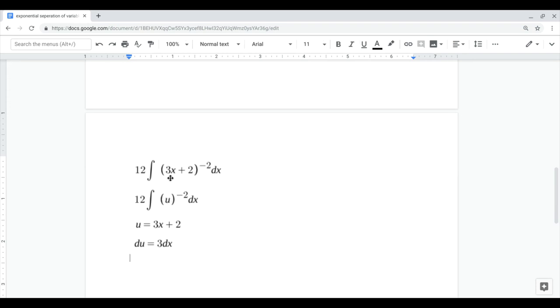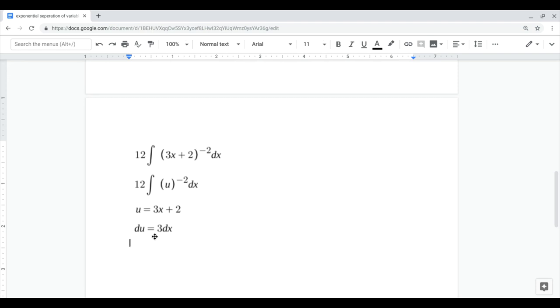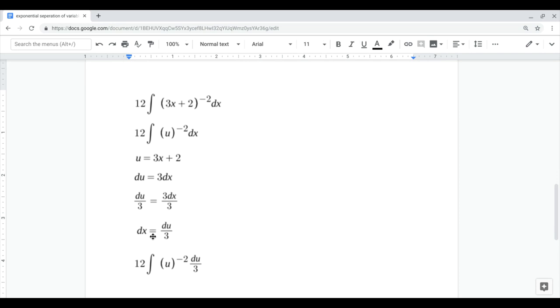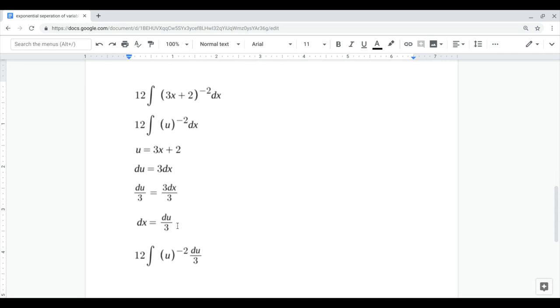Our u is this right here, 3x + 2. But we want to have du, not dx. So we're going to differentiate u. The derivative of 3x is 3 dx. And as you can see, to find dx, divide both sides by 3. dx is equal to du divided by 3.